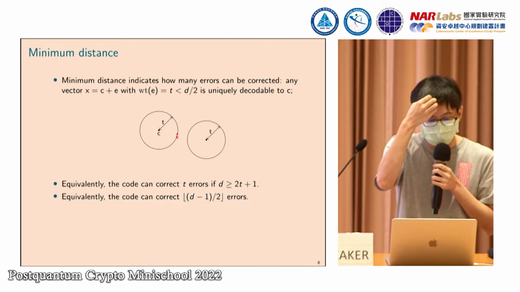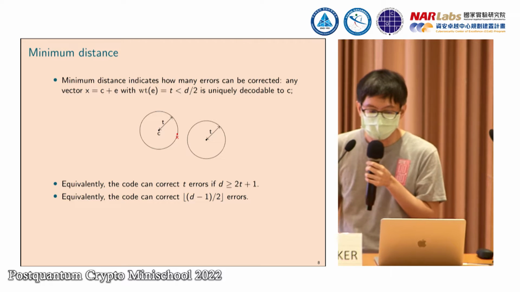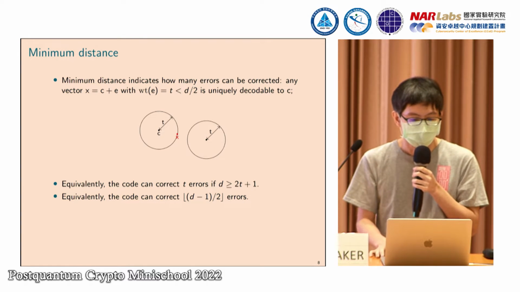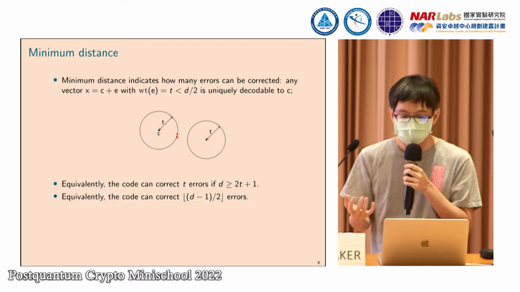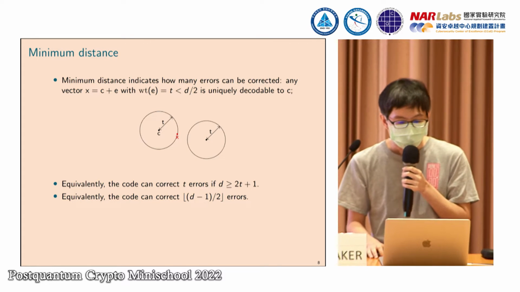Now we can talk about why we are interested in minimum distance, and why it's important for codes. The reason we like to find the minimum distance is that we want to know how many errors we can correct using this code.